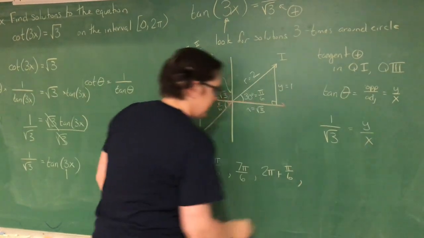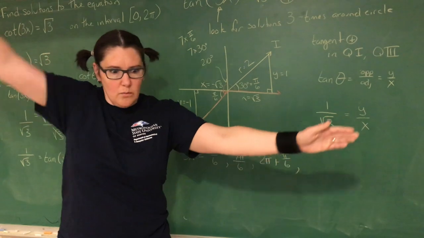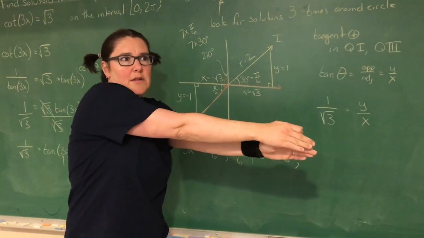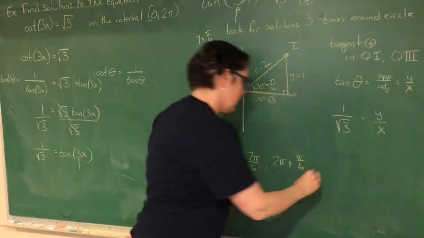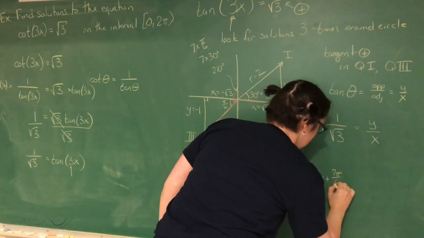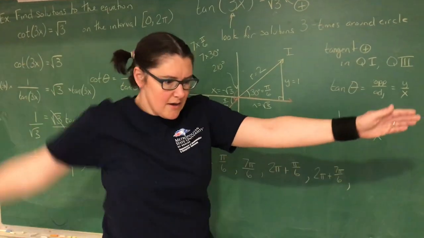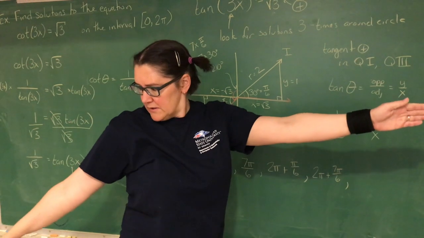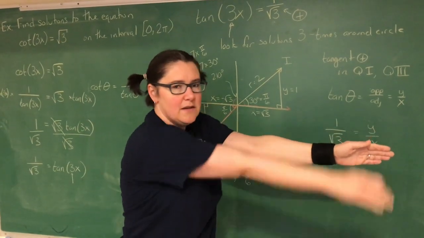All right. I can also get another angle by swinging one time around the circle plus an additional 7 pi over 6. So we have 2 pi plus 7 pi over 6. And so that was 2 pi plus 7 pi over 6 brought us down here. Okay, we come back to the beginning.